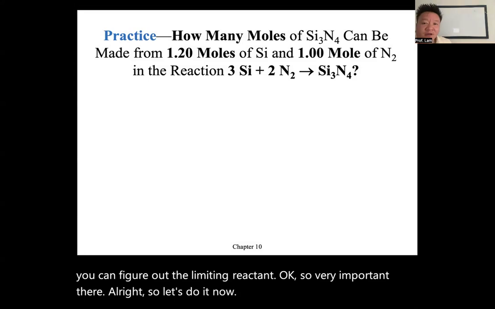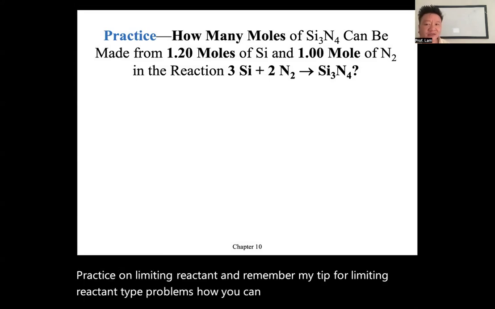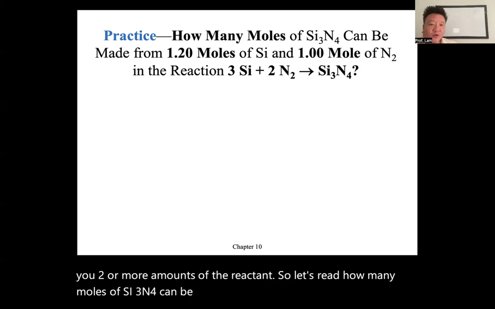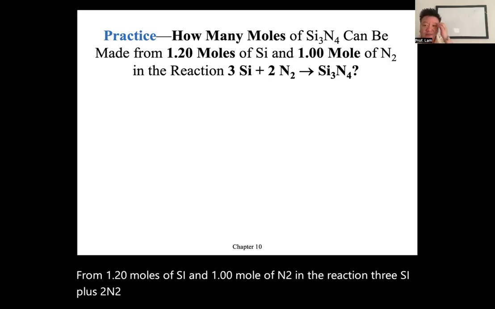Practice on limiting reactant. And remember my tip for limiting reactant type problems: how you can tell is they're going to give you 2 or more amounts of the reactant. So let's read: how many moles of Si3N4 can be made from 1.20 moles of Si and 1.00 mole of N2 in the reaction 3Si plus 2N2 goes to Si3N4?